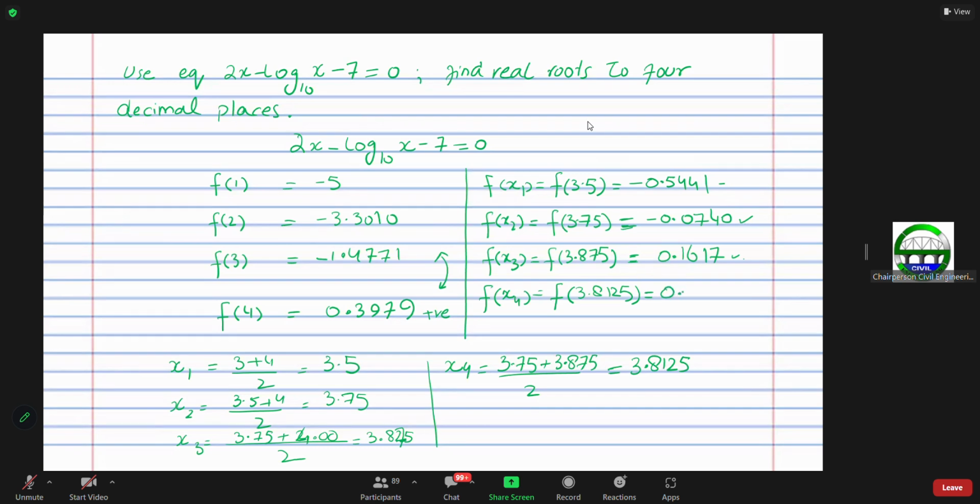So it is 0.0438, right? So this is positive and this was negative.